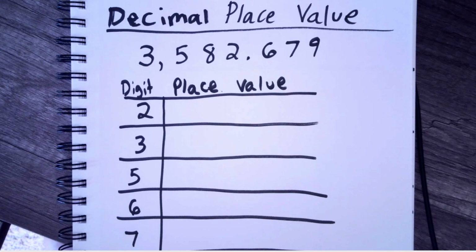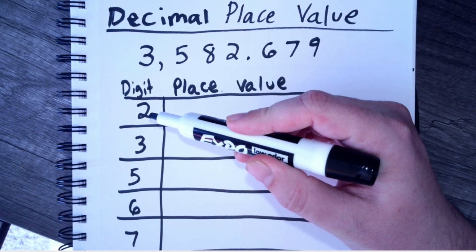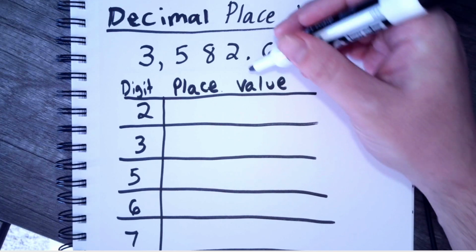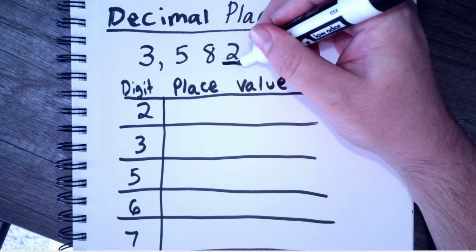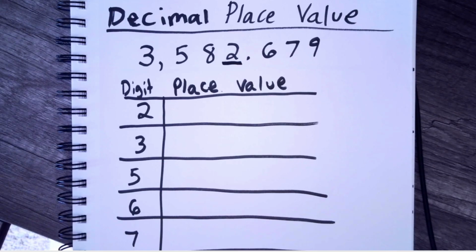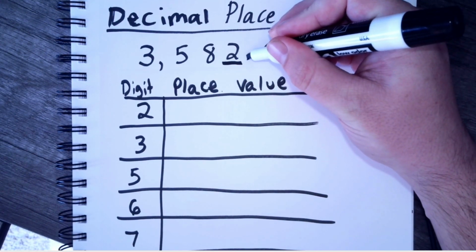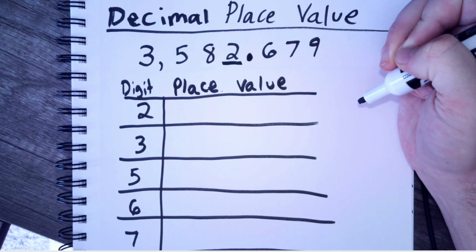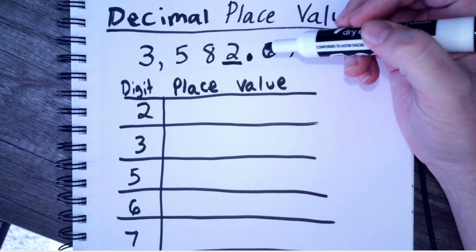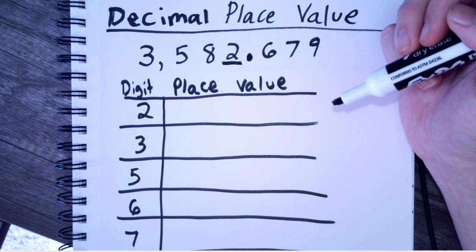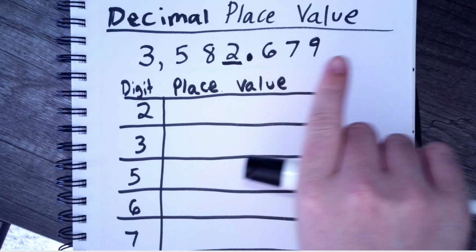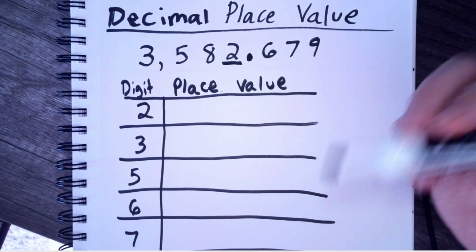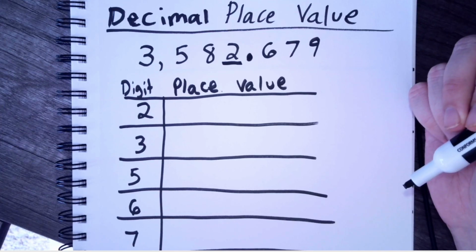So for the digit 2, all we need to do is locate that digit. And we always want to find where our decimal is. I want to make the decimal a little bigger. So we find our decimal. That's our point of reference. Anything to the left of the decimal is a whole number. Anything to the right of the decimal are our fractional pieces, our decimal places.